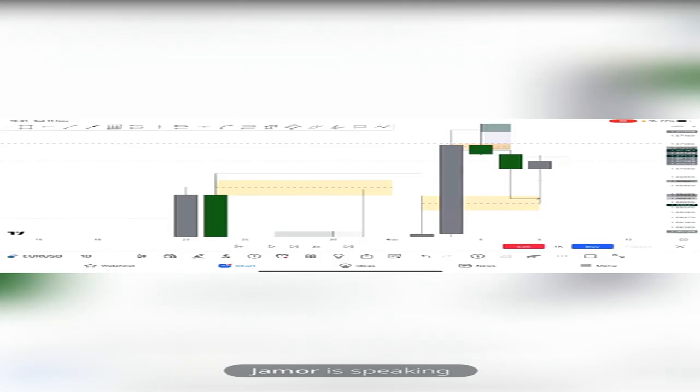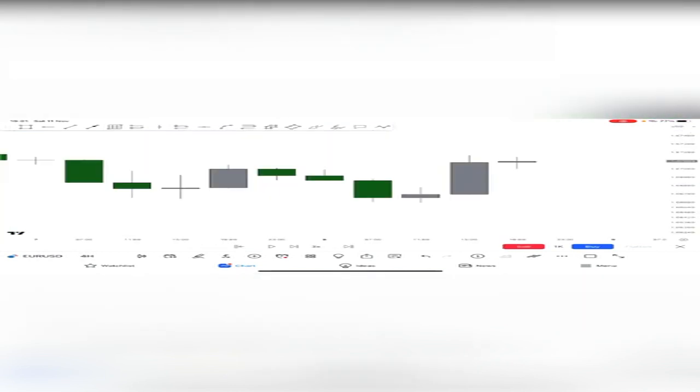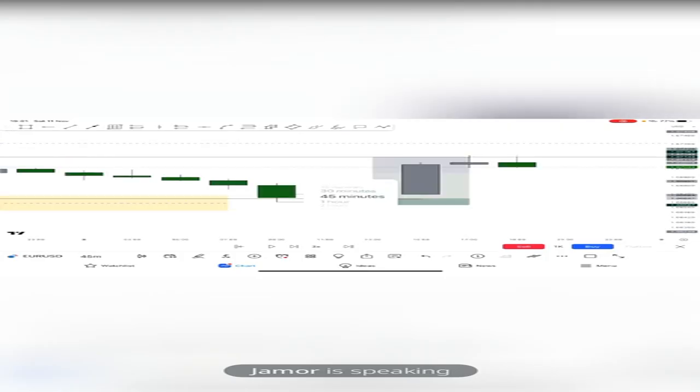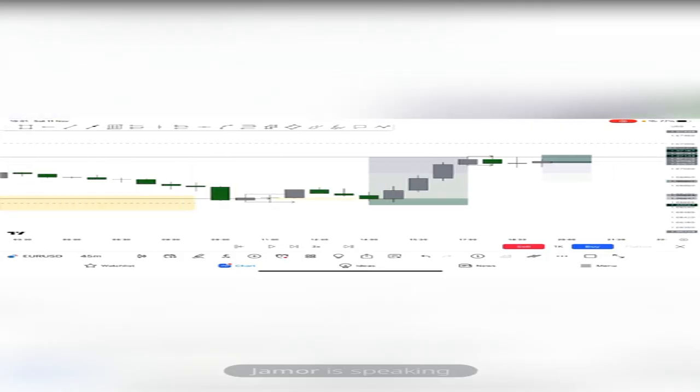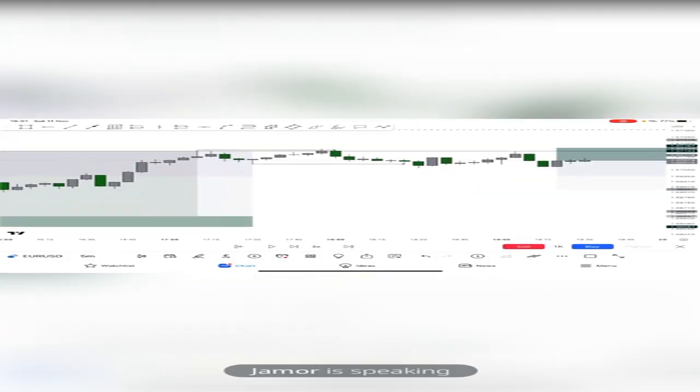I think this daily candle later closed bearish. Can't really remember. So I'm going to go over the fact that this structure from the 5-minute time frame is a sell structure. Price is taking out the major high it needs to take out.